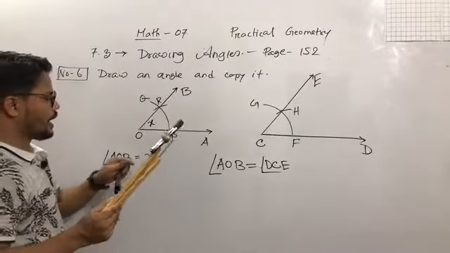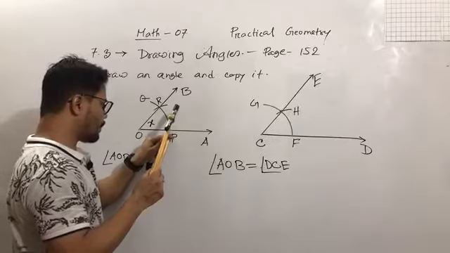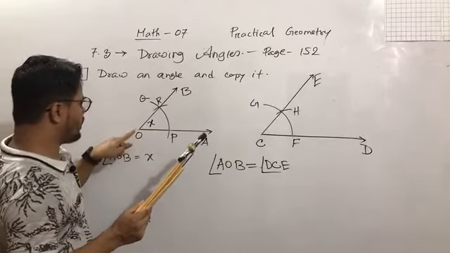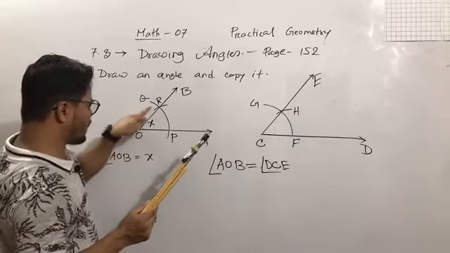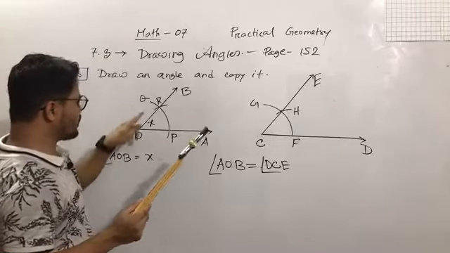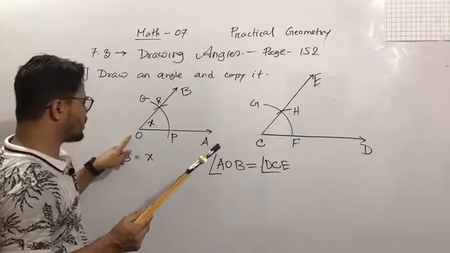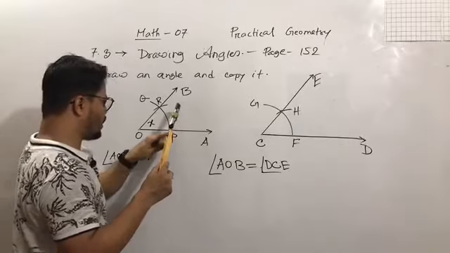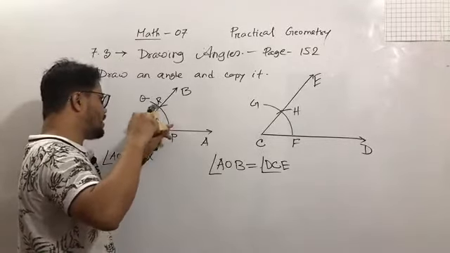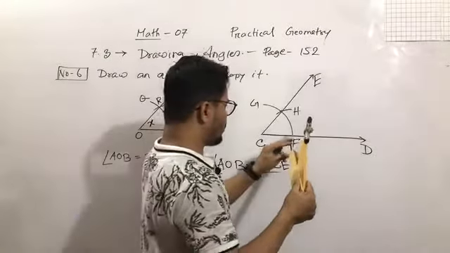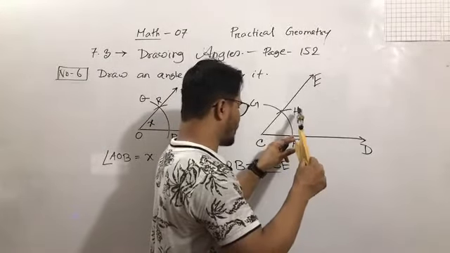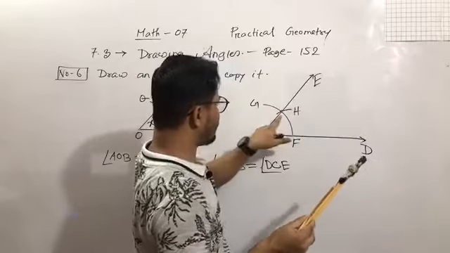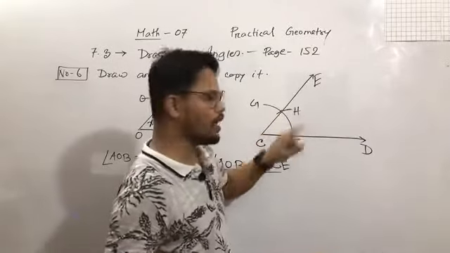Step 3: this arc PQ intersects OB at the point R. Now placing the pointer at P and taking the radius PR, and placing the pointer at F and taking the previous radius, draw another arc on FG which intersects FG at the point H.